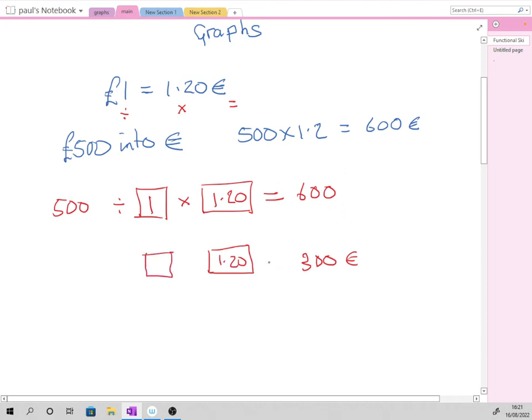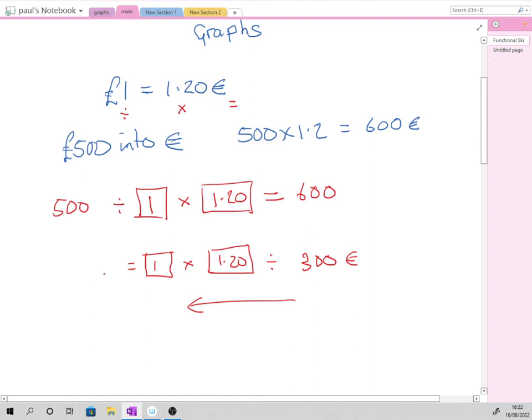Now we know that we're on the euro side, so we're going to be working from right to left. So we go divide, multiply, equals. So we get 300 divided by 1.2 times 1. And that gives you how many pounds you've got for euros.